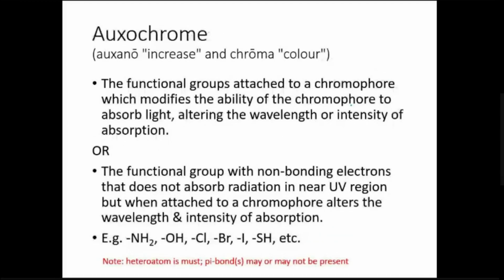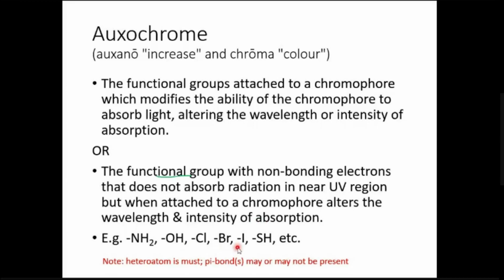Next is auxochrome. Auxano literally means to increase and chroma means color. So anything that increases color is literally called auxochrome, but that is very primitive definition. Proper definition is the functional group which when attached to chromophore increases the intensity of absorption. The functional group with non-bonding electrons that does not absorb radiation by itself in UV region, but when attached to chromophore alters the wavelength and intensity of absorption.